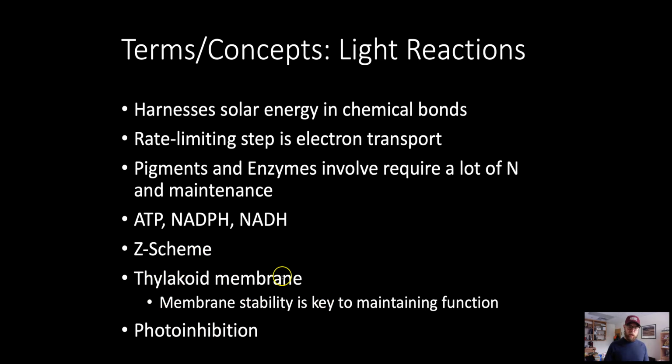That thylakoid membrane, remember that's important because anything that's going to affect membrane stability is going to affect photosynthetic rates. And then just know generally what photoinhibition is, that it's damage to the photosynthetic machinery, if you will, and can slow down photosynthetic rates. All right, so that's what I want you to remember from that section.